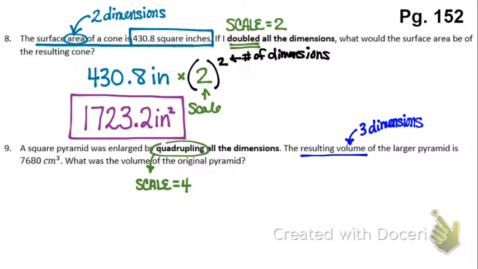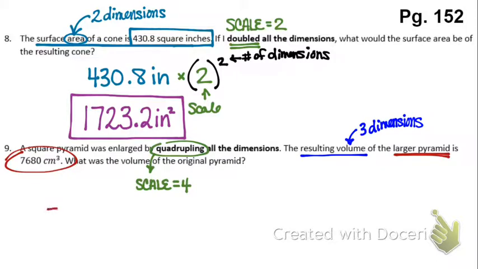And you keyed in on the resulting. So the resulting volume of the larger pyramid is this big. What do I want to know? Your original pyramid size. So should my answer be bigger or smaller than that number they gave me? Smaller. Do I multiply to make things smaller? I divide. So I'm going to have a fraction here. For my scale, instead of 4, it's going to be 1/4 to make it smaller. Fractions make things smaller. Whole numbers make things bigger.